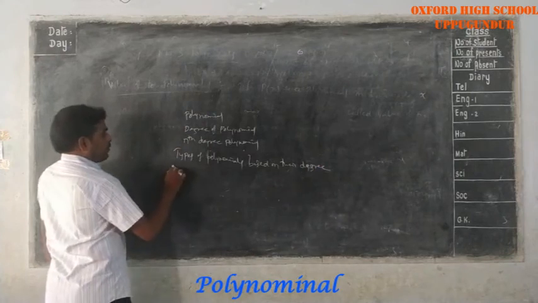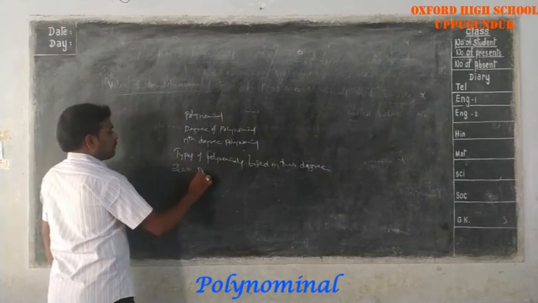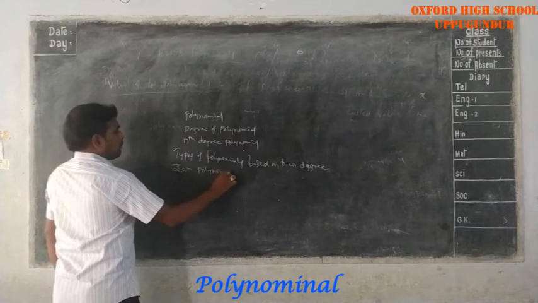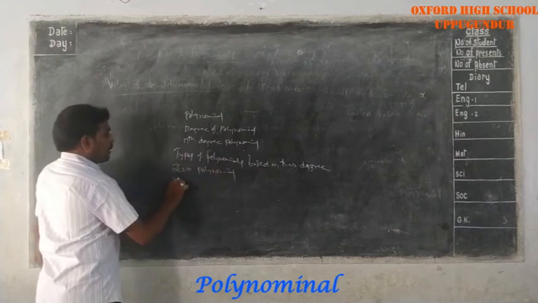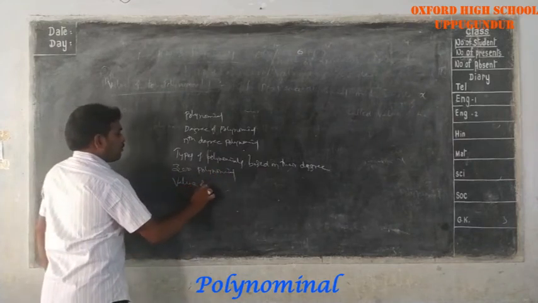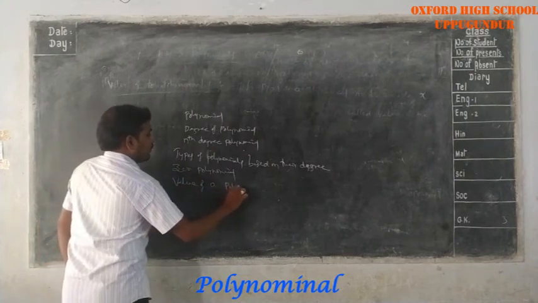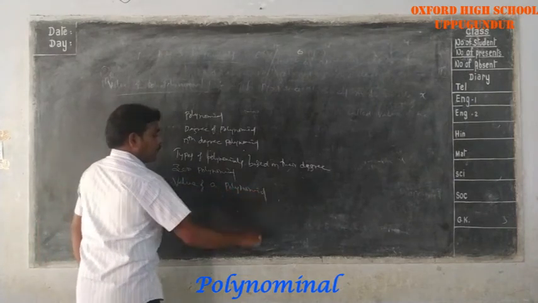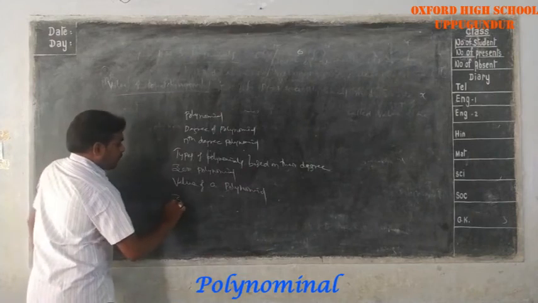Next, zero polynomial, value of a polynomial, zero of a polynomial.